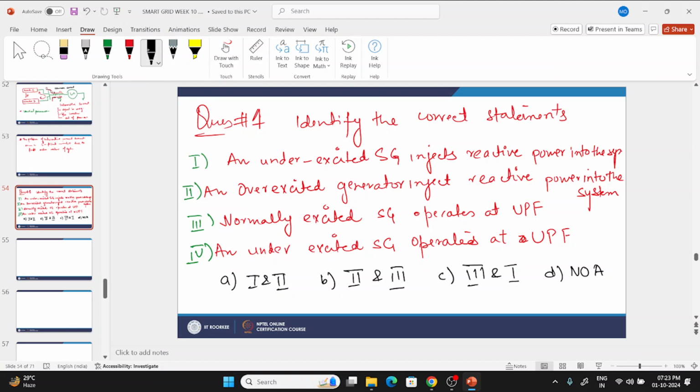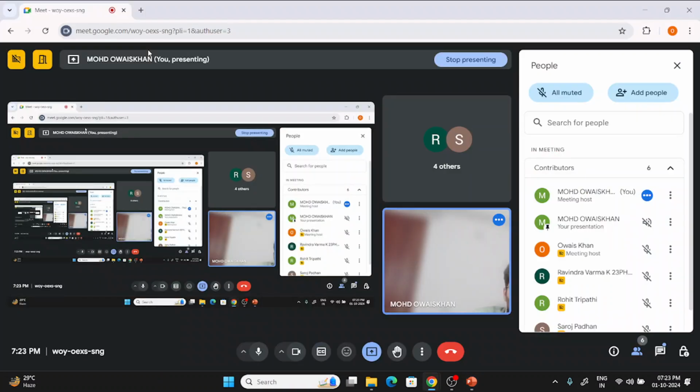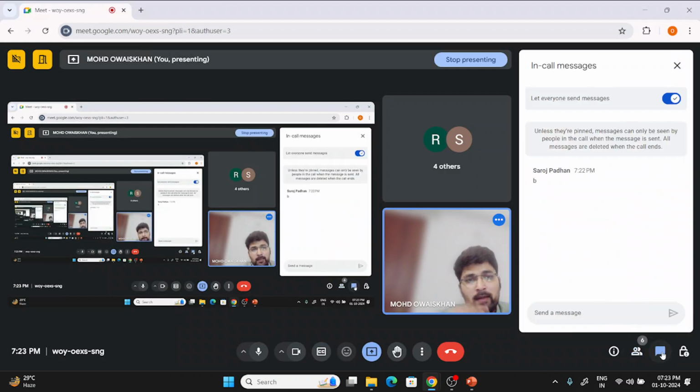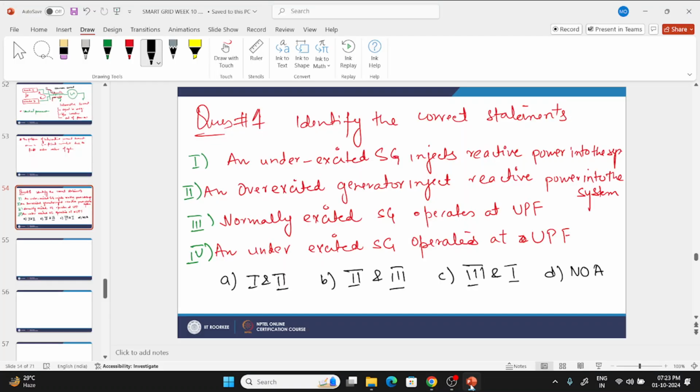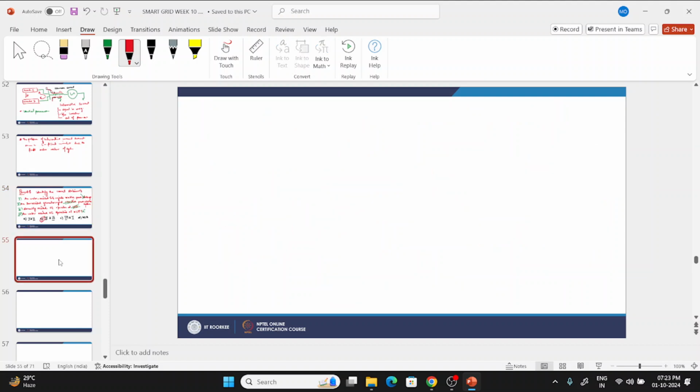So we have to write the answer. Okay. So if we go through the options, we can see that the second option is the correct one. Third is also correct. Rest are wrong. So basically, second and third is the correct one.